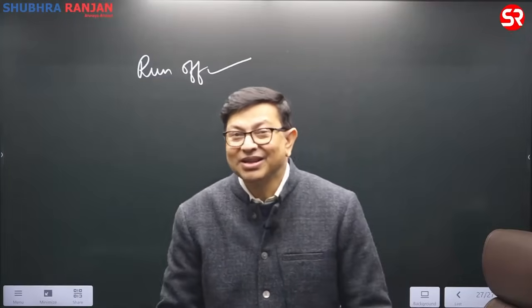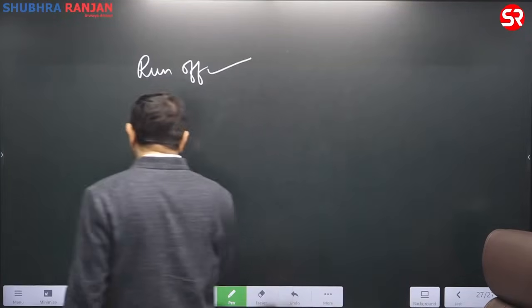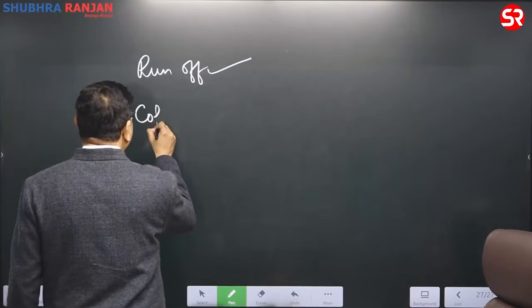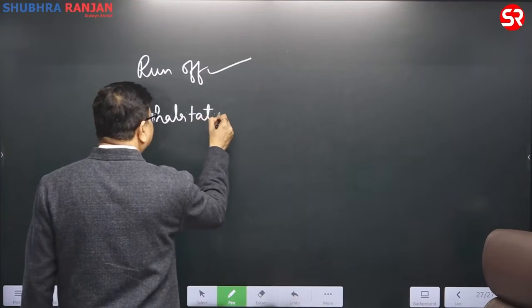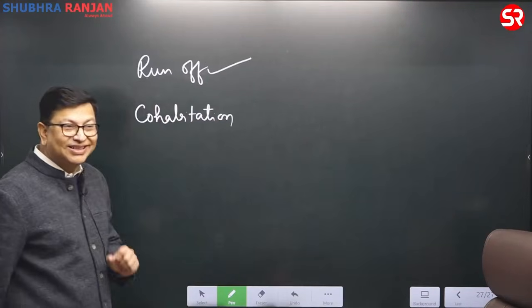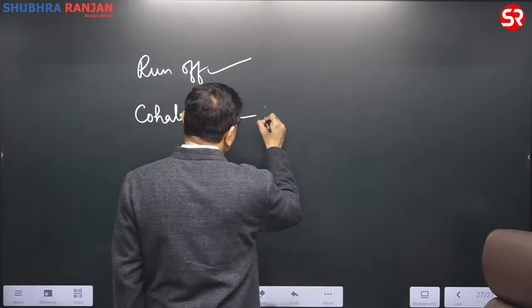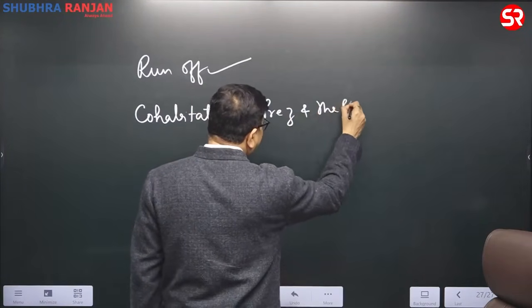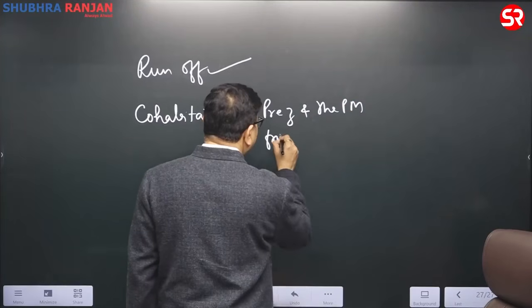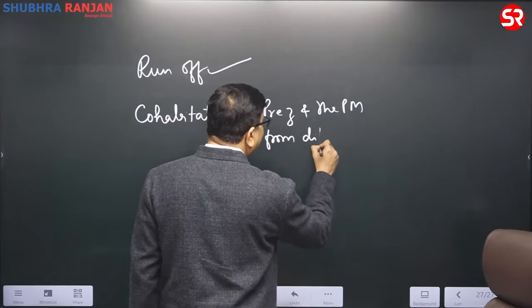So in France, sometimes there exists cohabitation. Cohabitation means the president and the prime minister are from different political parties.